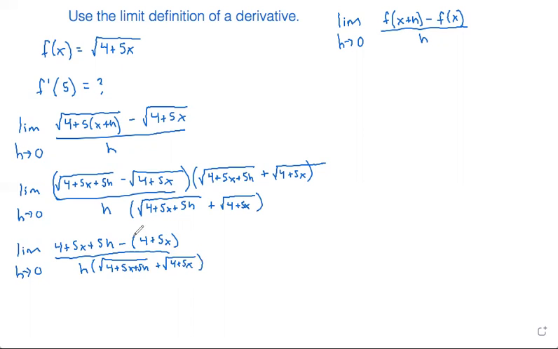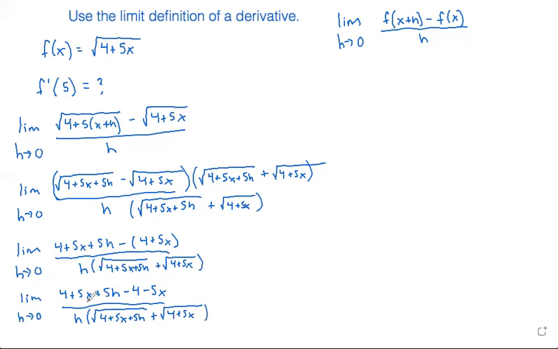Okay, so now I'm going to distribute this negative and get the limit as h approaches 0 of 4 plus 5x plus 5h, and then distributing the negative makes both of those negative, over h times the square root of 4 plus 5x plus 5h plus the square root of 4 plus 5x.